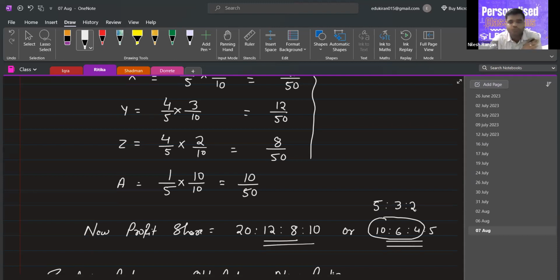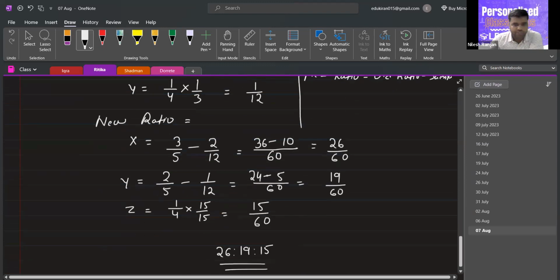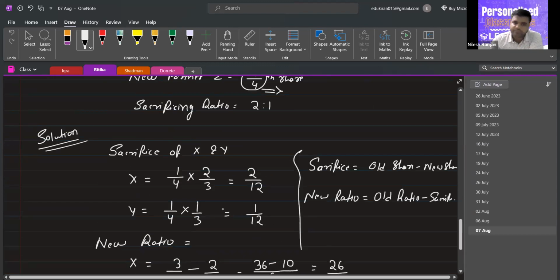Yes, sir. So among X, Y, and Z combined, their profit sharing ratio is the same, 5:3:2. But for the total profit share combined with A also, it is 10, 6, 4, and 5. So in this case, it will change because the sacrificing ratio is different.